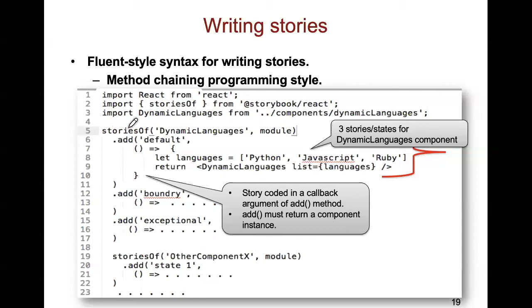And so it's the stories of function, and you chain on an invocation of the add method for each story or for each state. And the second argument of that add is a callback where you have to return the component that the story is all about. I didn't bother giving you the detail here for the other ones, but that's the flow of your stories implementation.